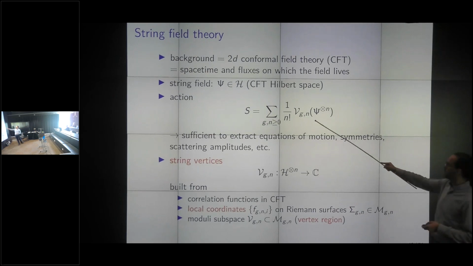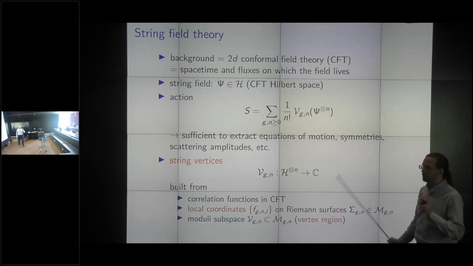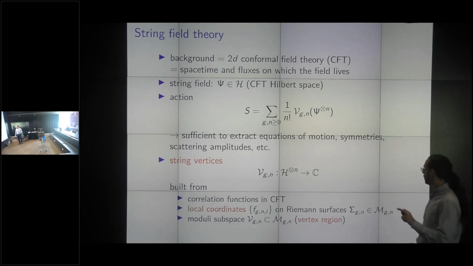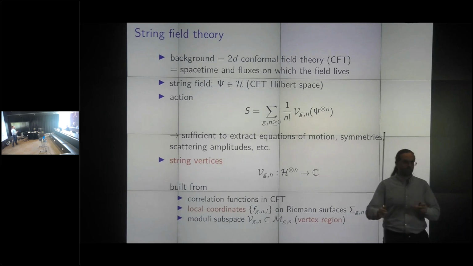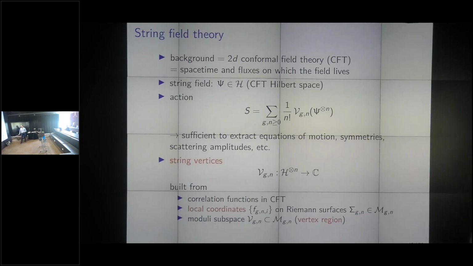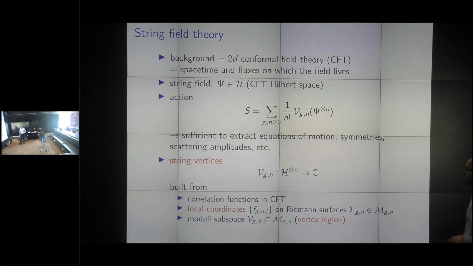So you see that this V_{g,n} will be associated with a Riemann surface with g holes and n points. For each such surface, I want to have what I call a local coordinate patch, and I will show a picture afterwards. And then for each moduli space, I need to extract some subspace which I call the vertex region. It's some data I need.